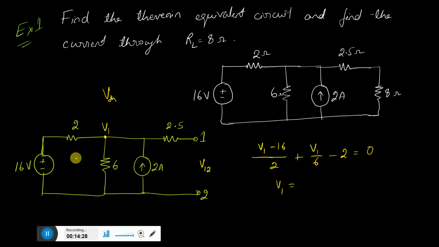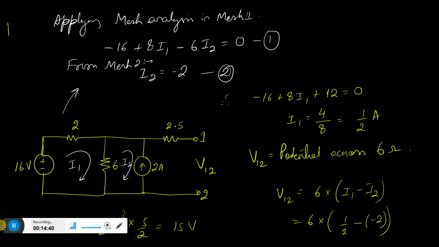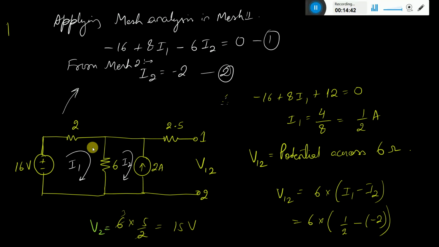Also we can apply mesh analysis and solve this. So let us see. You have to find the value of V12. For finding V12, we take out the value with mesh analysis.